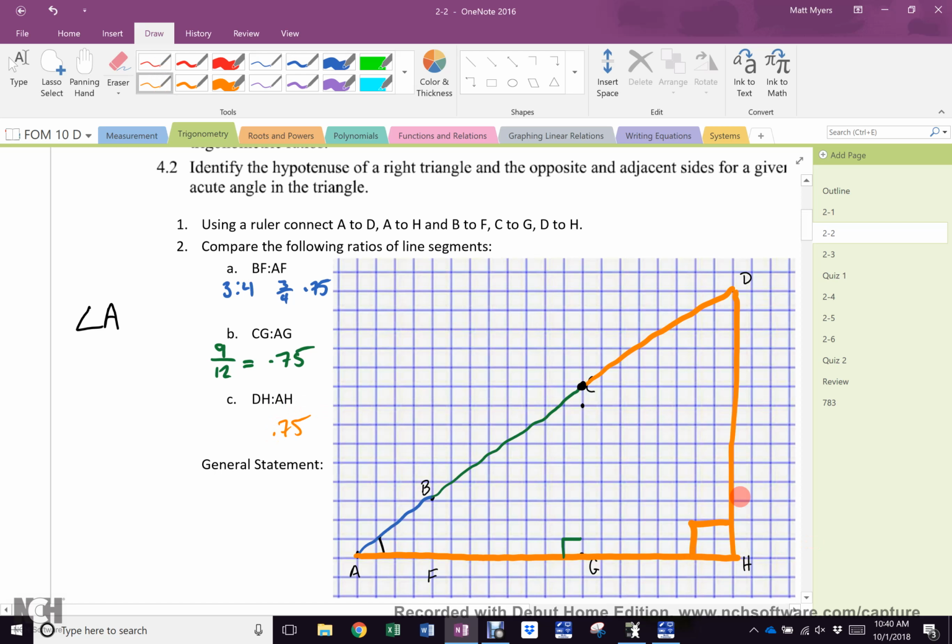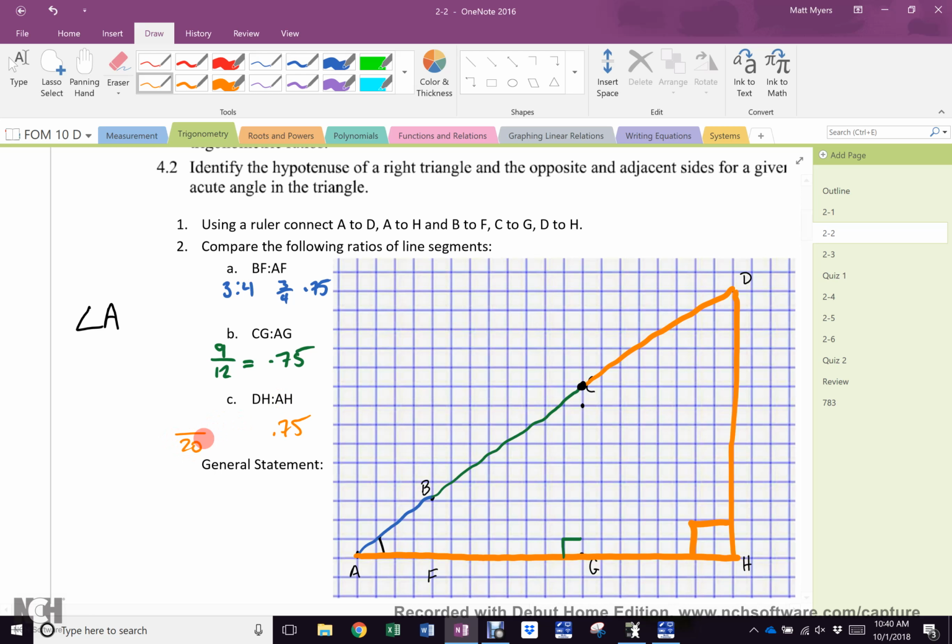Now count it. For D to H, 14. 20 is where? That's A to H. Now, you don't even need to count D to H, do you?